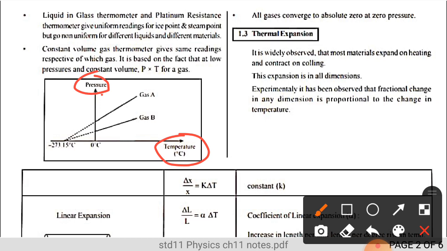But if we decrease pressure and temperature, we get a particular intersection point of these two gases. That intersection point lies at a temperature of minus 273.15 degrees Celsius. So all the gases behave similarly, their properties are similar, at this temperature and 0 pressure.